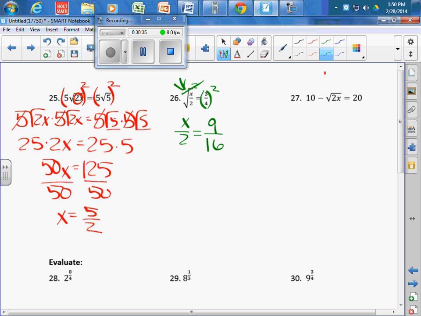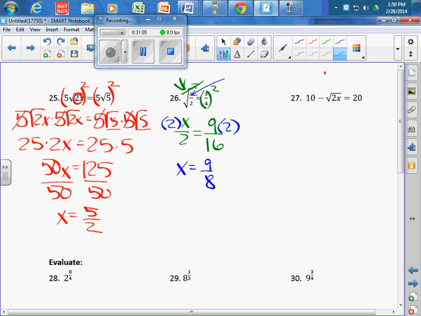Now how are we going to cancel out divide by 2? We're going to multiply by 2. x is equal to 9 over 8. You can check this by plugging it into your calculator. 9 over 8 divided by 2 is 9 over 16, the square root of that would be 3/4. It does check out.